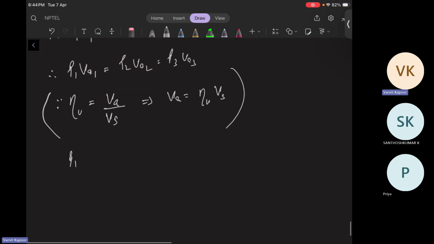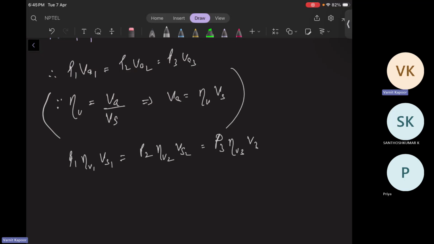So you will get P1 times the volumetric efficiency of the first compressor, times the swept volume of the first compressor cylinder, equals P2 efficiency 2 Vs2, equals P3 efficiency 3 Vs3. Now what is our swept volume for a cylinder? We have seen in the IC engine as well.